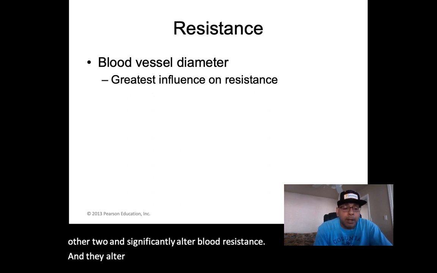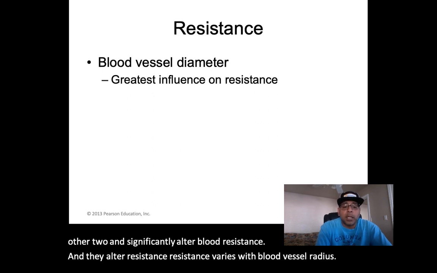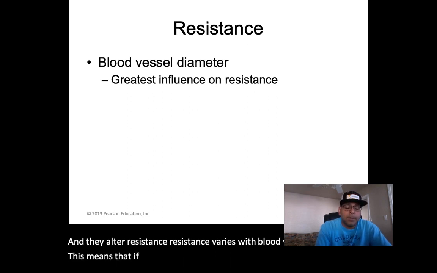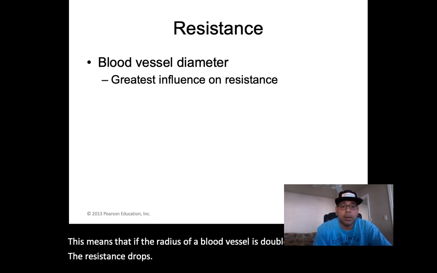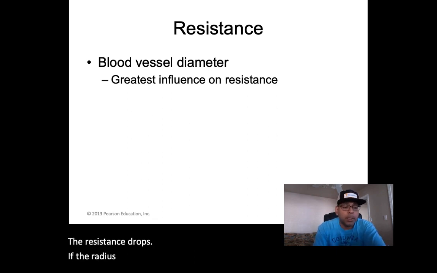Resistance varies with blood vessel radius. This means that if the radius of a blood vessel is doubled, the resistance drops. So again, if the radius of a vessel is doubled, the resistance drops.